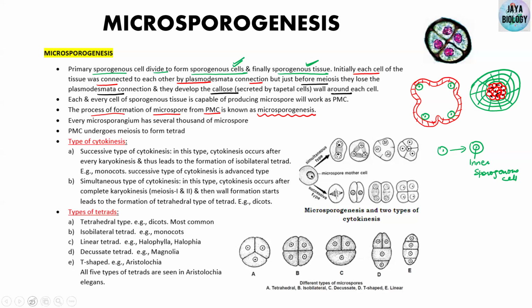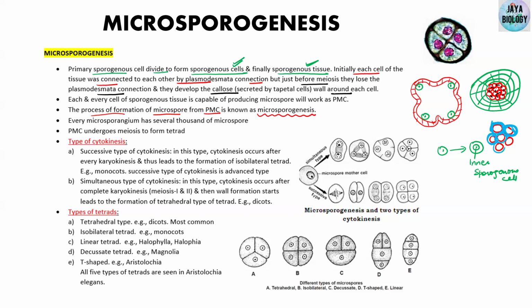So what will happen? Let us assume this is your sporogenous tissue. The cells are losing the plasmodesmata connection and will develop a covering made up of callus around each cell. This is a protective covering around each cell. This chemical callus is present around each microspore mother cell, or you can say around each pollen mother cell.